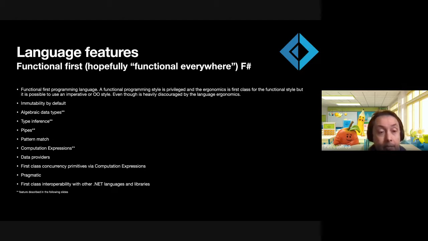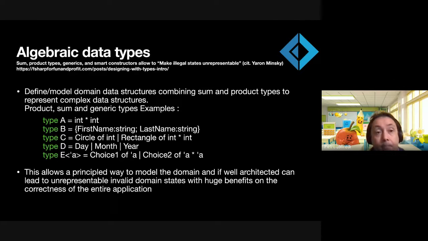The pragmatism of the language: this means that you can solve any type of problem in a very pragmatic, synthetic, and good way from my point of view. And the first-class interoperability with other .NET languages and libraries, of course, is a plus of the language.